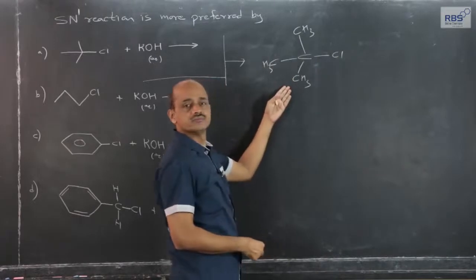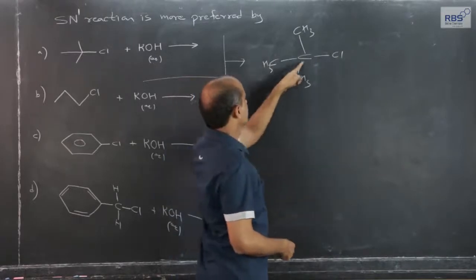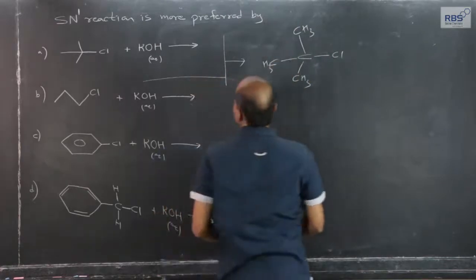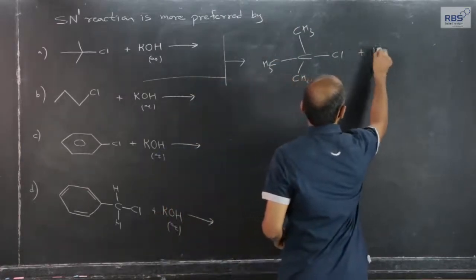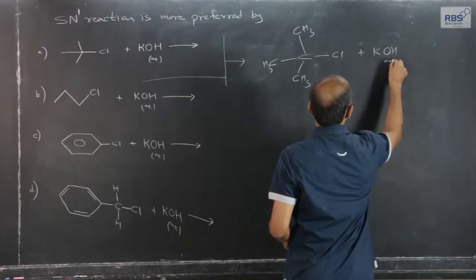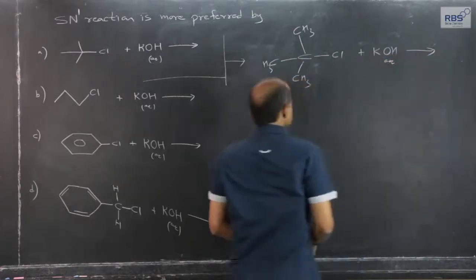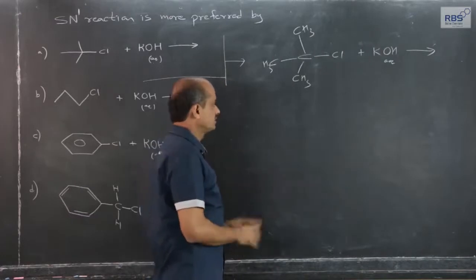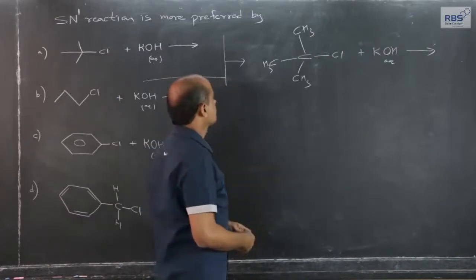This is tertiary butyl chloride, 2-chloro-2-methyl propane, and this when reacted with aqueous solution of KOH, boiling. Boiling is a common factor that I have not written.